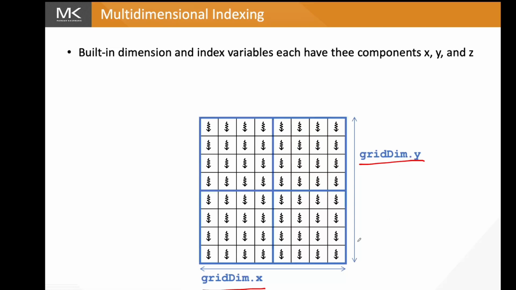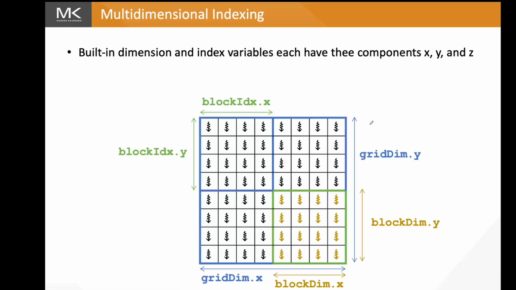So we just have 2 dimensions in this case. And similarly, we have blockIdx.y, which is the index of the block along the y-axis, and also blockIdx.x, again, which is the index of the block along the x-axis. And again, we have the block dimension in the y and x directions, and we have the thread index along the x and y axes within the block.